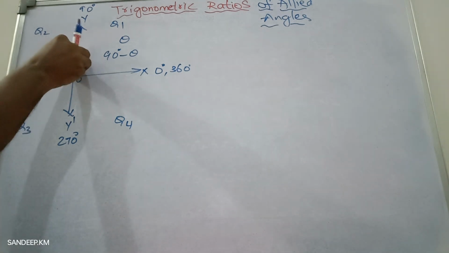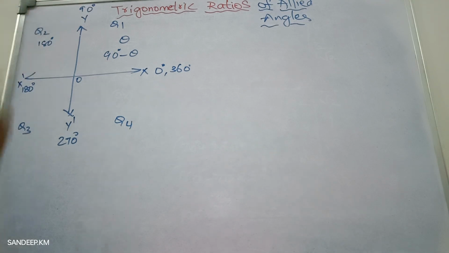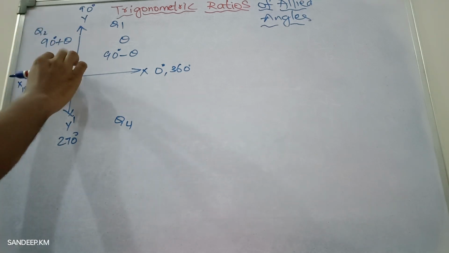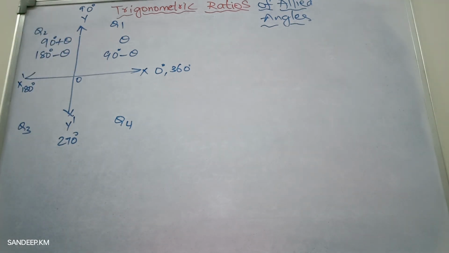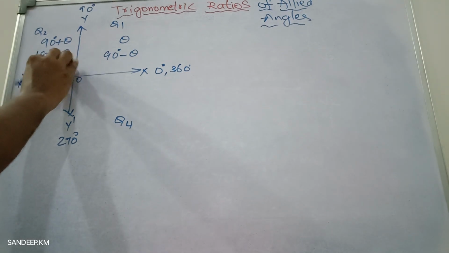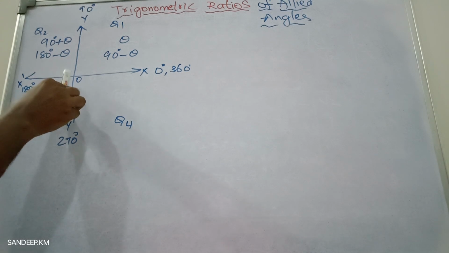Next, from here if we go forward, you will get 90 plus theta, and from 180 degrees if I go back, 180 minus theta. So 90 plus theta and 180 minus theta are angles in the second quadrant. Next, here is 180 degrees. If I go forward, 180 degrees plus theta, and this is 270 degrees.